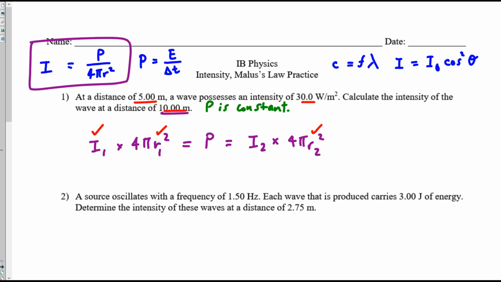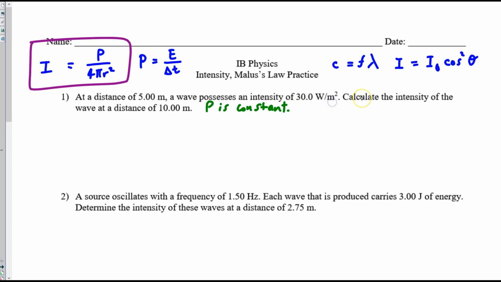The other way to solve is to actually find the value of power. Intensity is power over 4 pi r squared. The intensity initially is 30. R, we know, that's initially 5. And so power we could find by cross-multiplying.